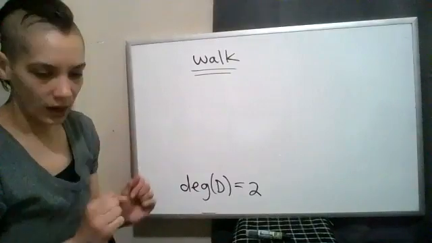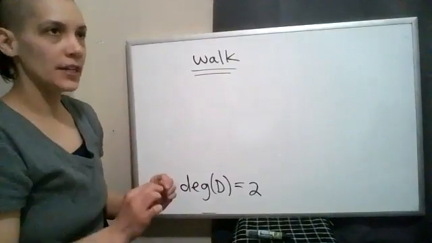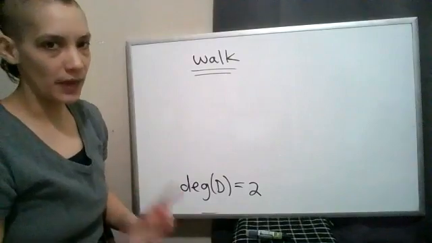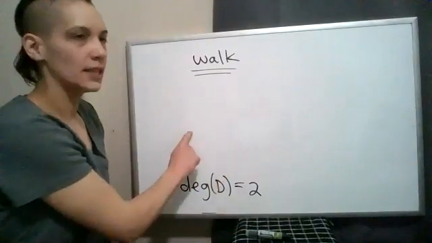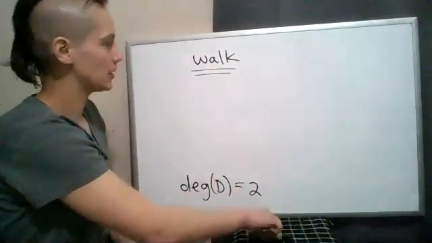So a walk is a sequence of vertices that are connected by an edge. Like each is connected to the next by an edge.